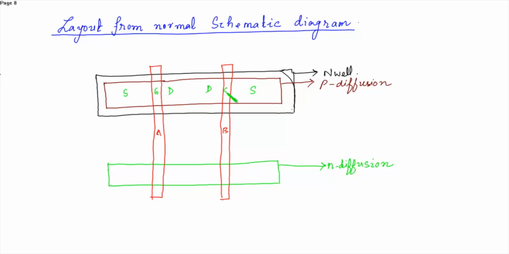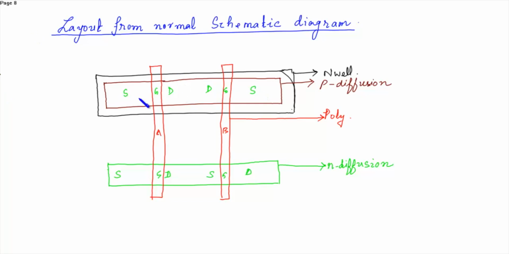These are the gates. Similarly, this is the source of N1 and this is the drain. Here is the source and this is the drain. These are the gate terminals. Now in order to make the connections, we need the metal layer. Go ahead and label the poly layer. So this is the poly layer.